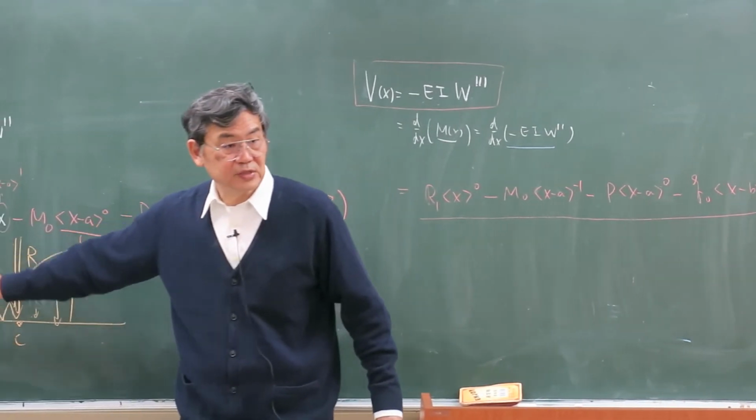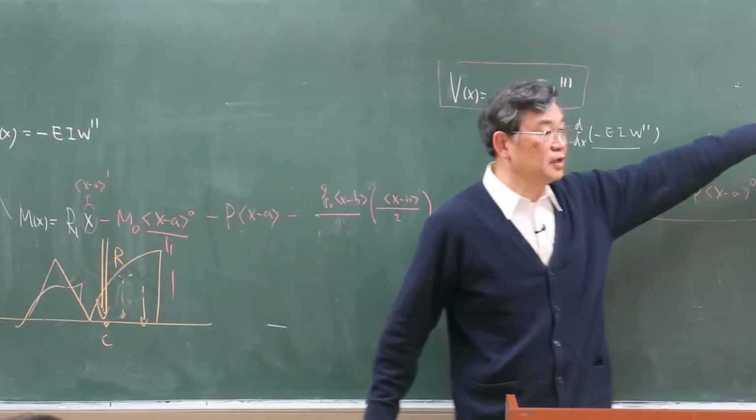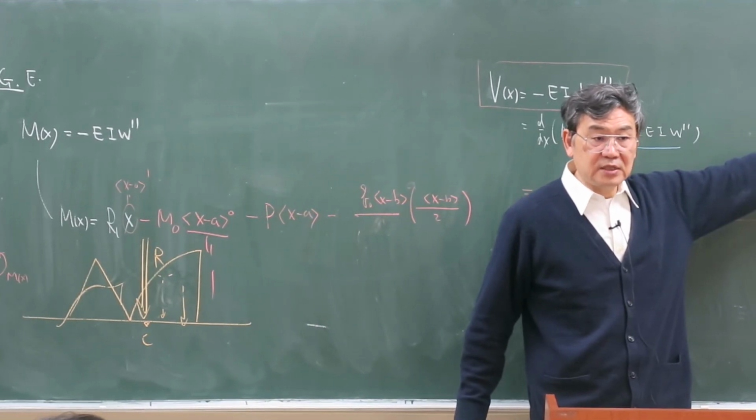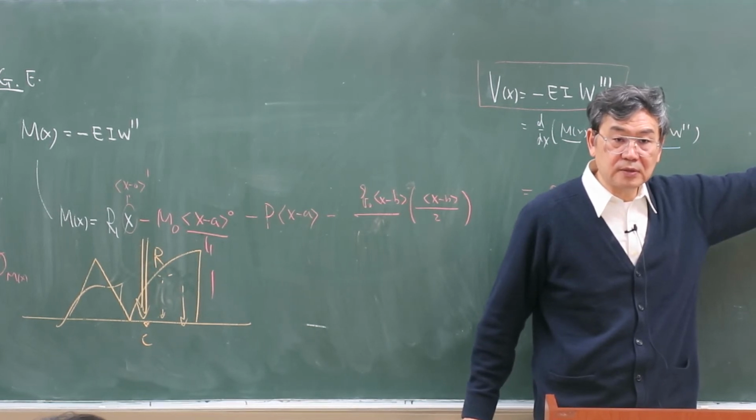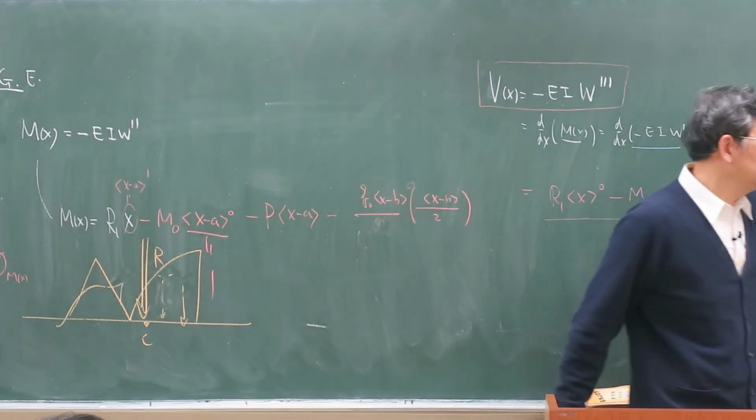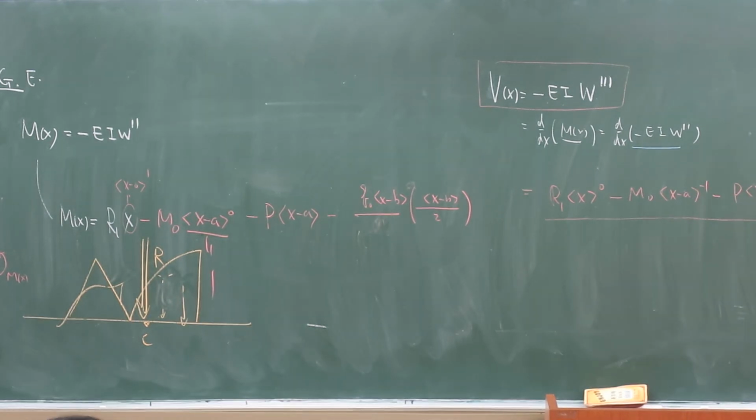So instead of doing this, we prefer to write the loading directly by Q and solve the fourth order equation. Okay, so sometimes I think this way is easy.